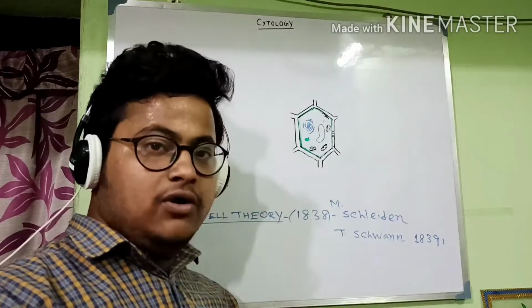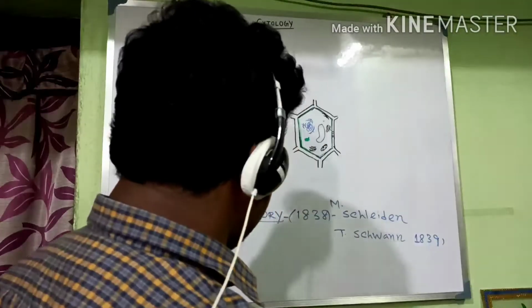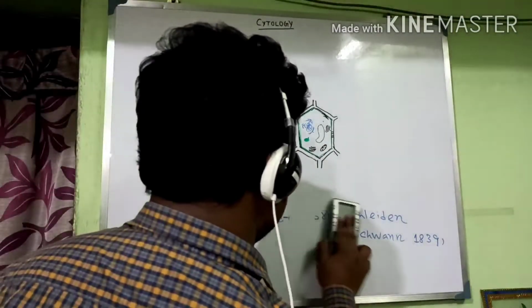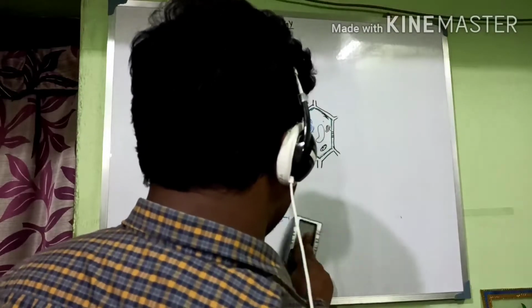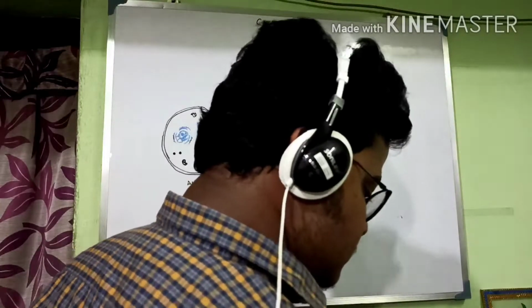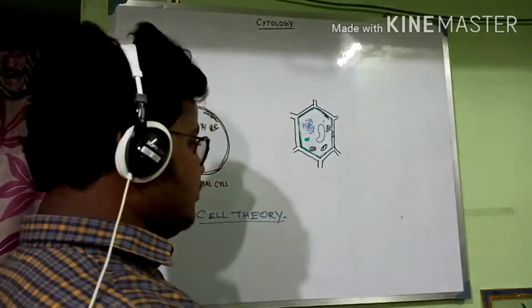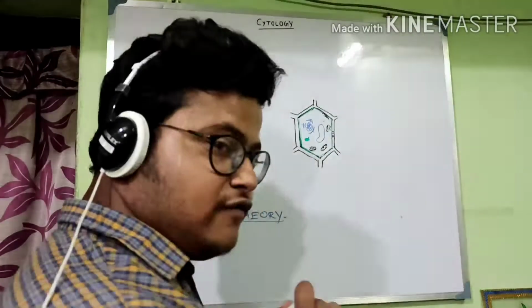What is the topic? What are the components of the cell theory? You have to know. There are three principles of the cell theory.